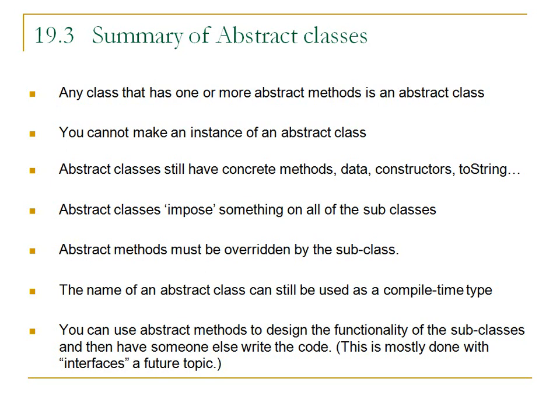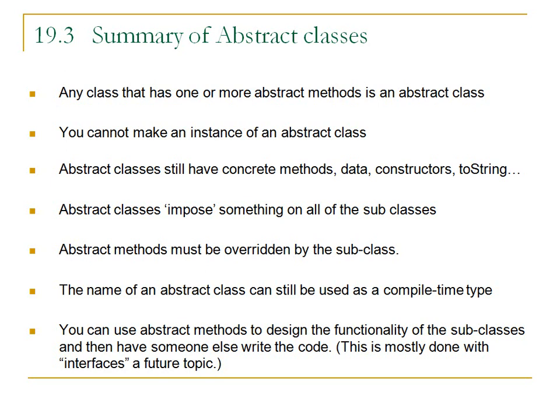So abstract classes still have concrete methods, that's methods with bodies, and they still have instance variables or data, and constructor methods and toString methods and anything else that you would need in that parent class. And they impose something on the subclasses.